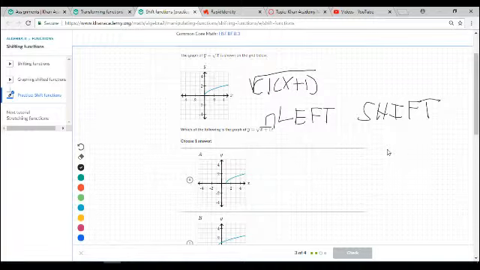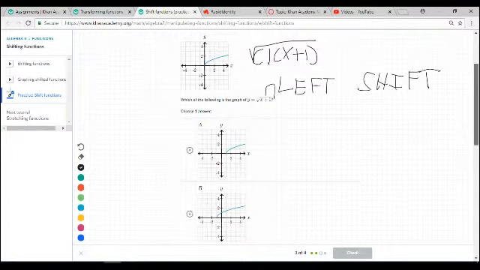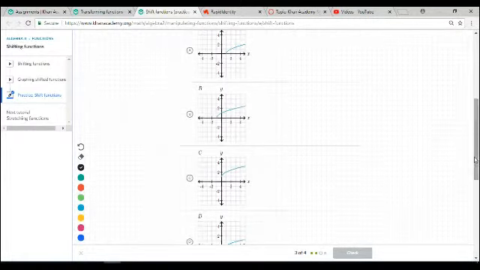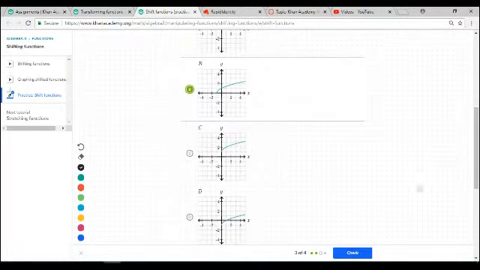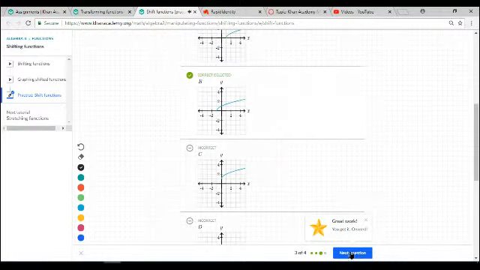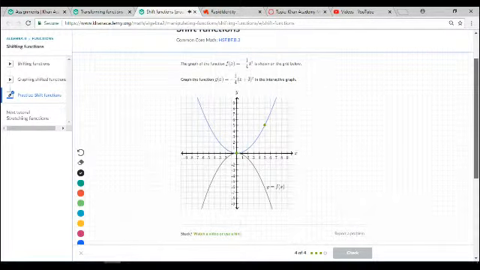So we're going to the left by 1, and so this is the only answer where we go to the left by 1. Got that right.